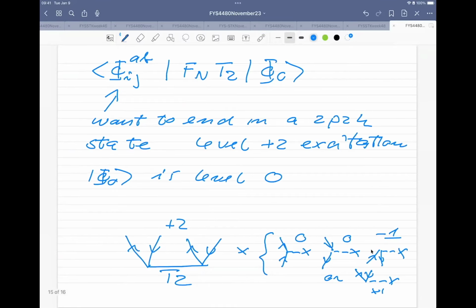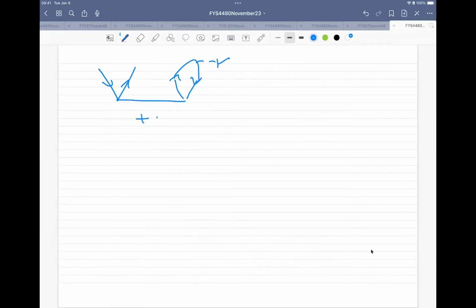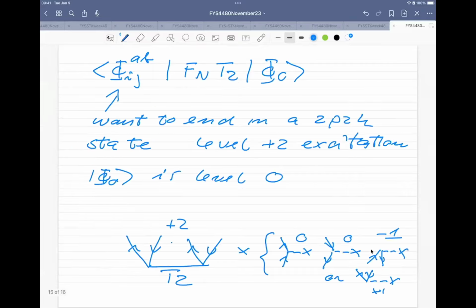And that takes me from level 2 with -1 to level +1. Okay? So this is just a one-particle, one-hole excitation. But I want to end in a two-particle, two-hole excitation. So it means that the only guys which can contribute here are either this one or that one.